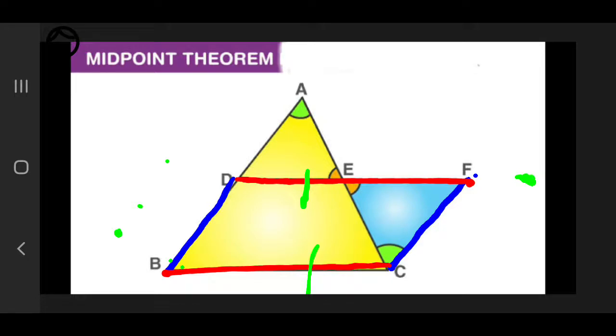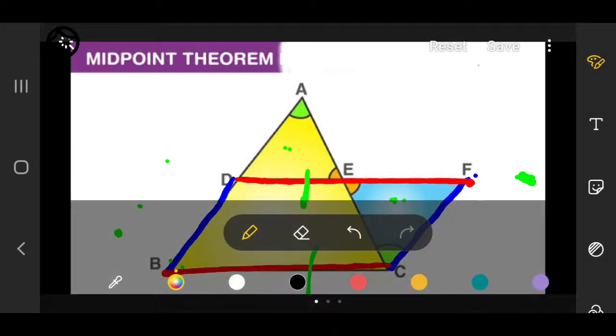So how are we going to prove that? First we are going to prove that these two triangles are congruent. If these two are congruent, their corresponding sides will be equal.